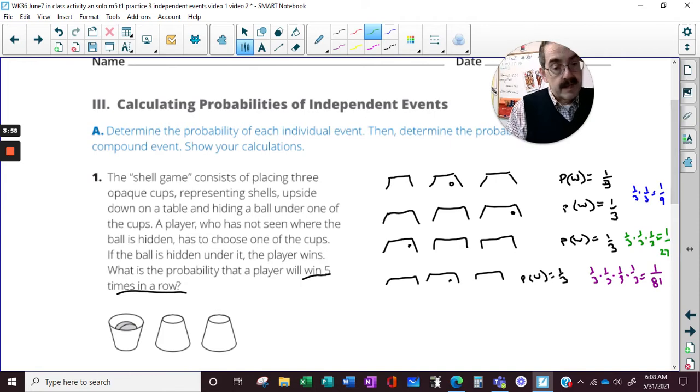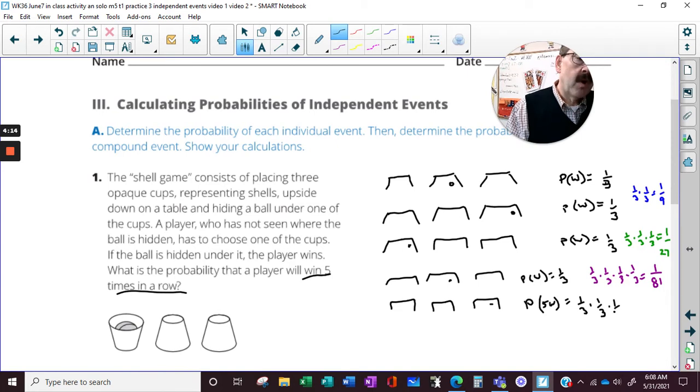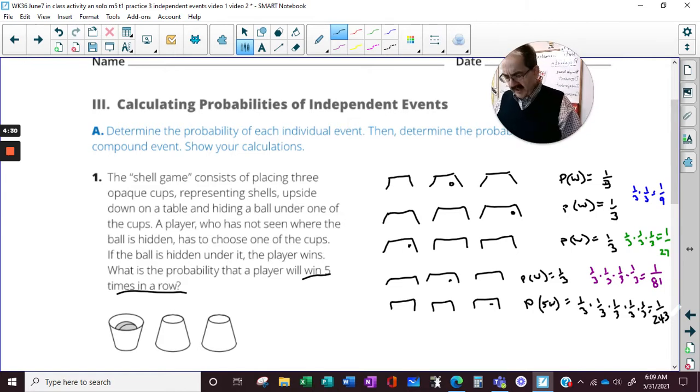Okay, and then we'll do the last one. 1, 2, 3, 4, 5. Probability of hitting 5 winners is 1/3, 1/3, the probability of all the individual ones multiplied together. 1/243. All right, now pause the video, have a little discussion over that, because that's what we're going to do on each of these problems.